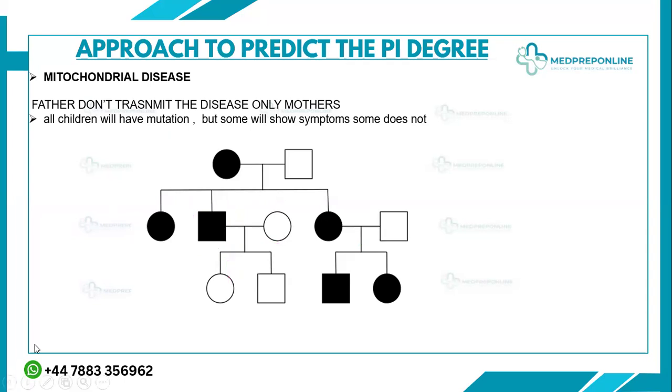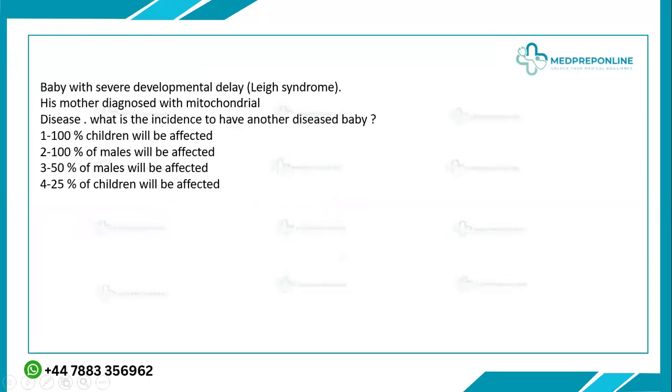For this type of inheritance, we have a question in the exam. A baby with severe developmental delay, Leigh syndrome, suppose this is the mitochondrial disease. His mother is diagnosed with the mitochondrial disease. What is the incidence of having another diseased baby? As every child has a tendency to get affected, if everybody knows, please let me know what the answer will be.